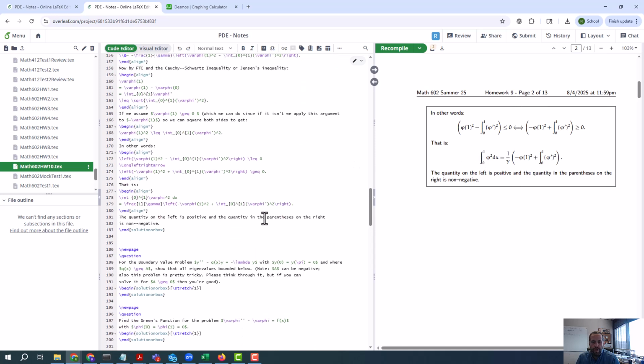So actually, it's positive, and the quantity in the parentheses is positive.